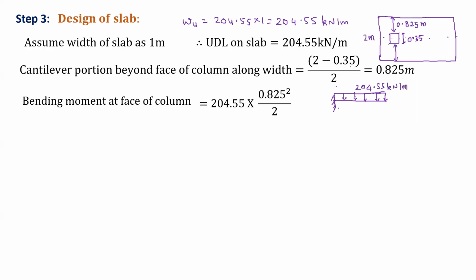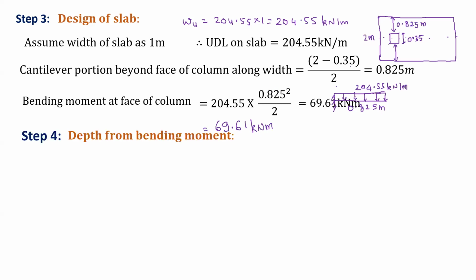And then we have this cantilever of 0.825 meters. And then we have WL square by 2. And we got the bending moment value 69.61. So I will write over here 69.61 kilonewton meters.